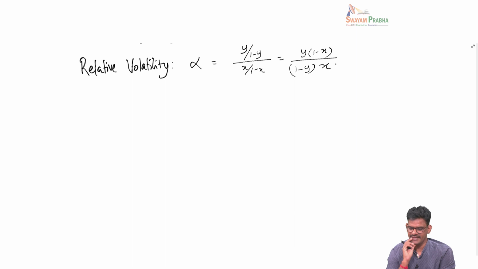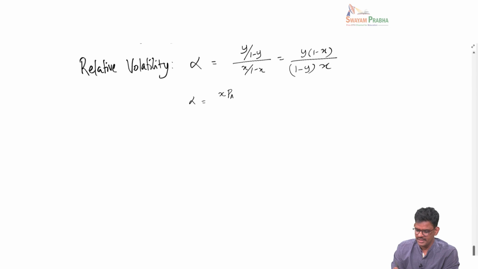Now let's say I have a mixture following Raoult's law, what would be alpha? Because for Raoult's law I already know how to write the y and x expressions. We can substitute and see what the relative volatility is for Raoult's law obeying mixtures. So let's substitute this. What is y for Raoult's law? y is nothing but x times PA by PT, isn't it?